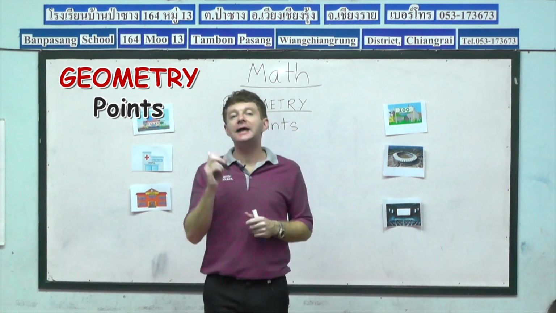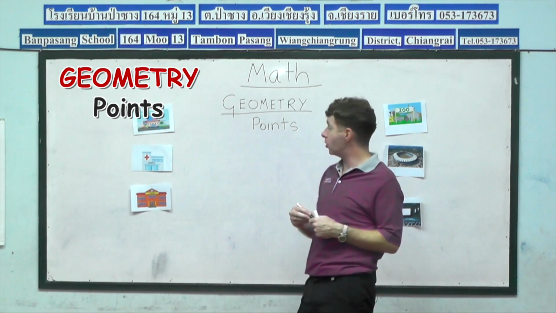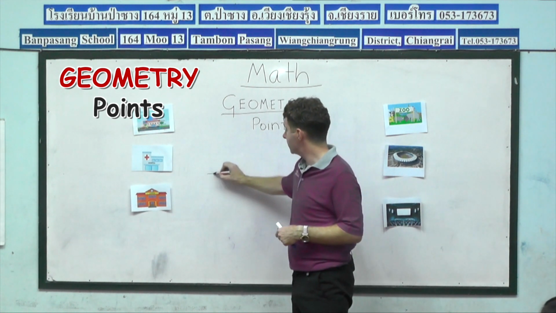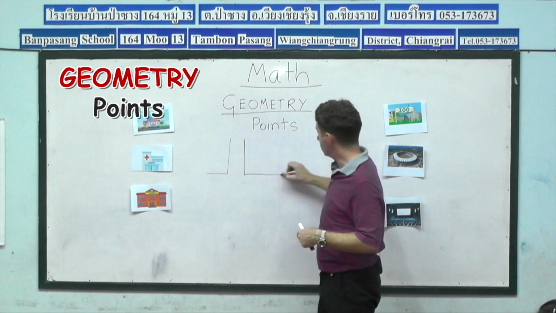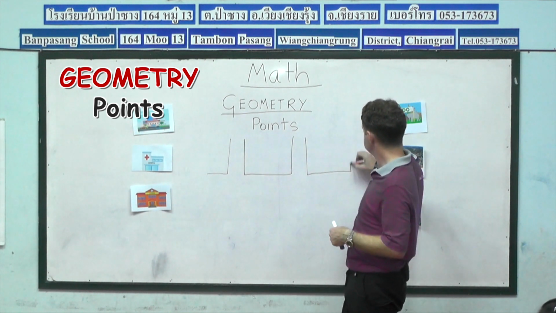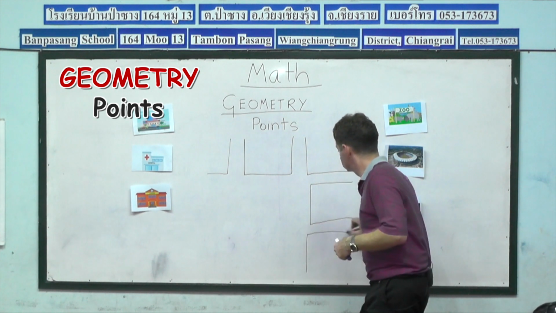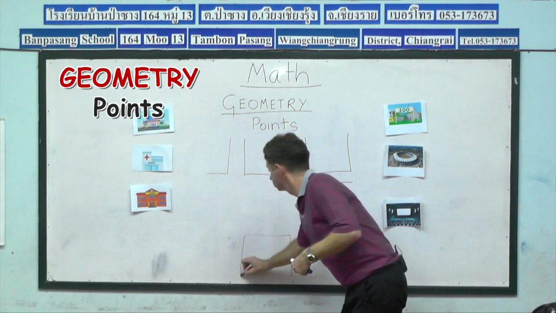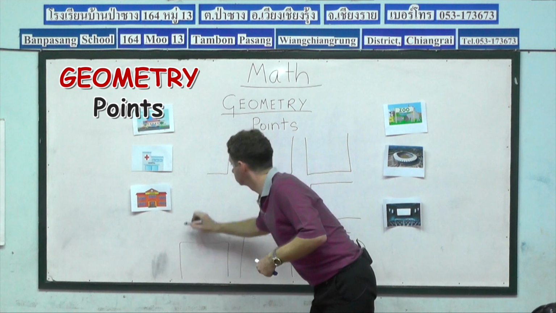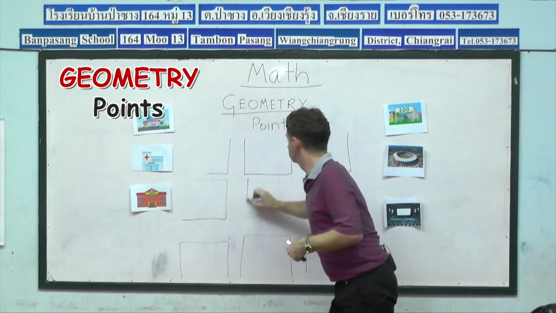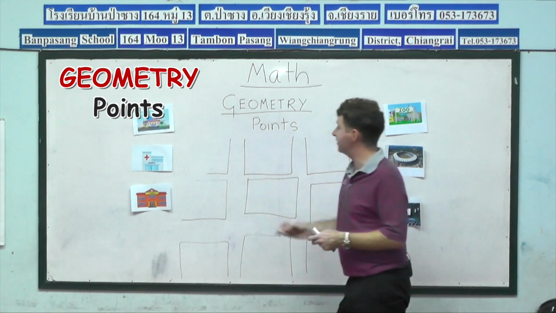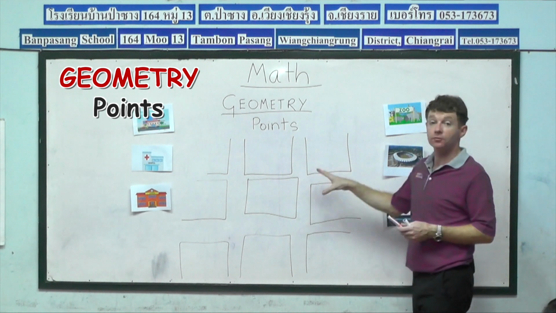Okay, so what I need to do now is just to draw a simple diagram of a map. And we can use one like this. Okay, so now we have our map on the board.